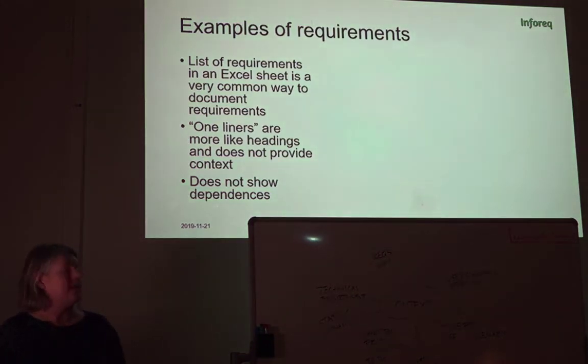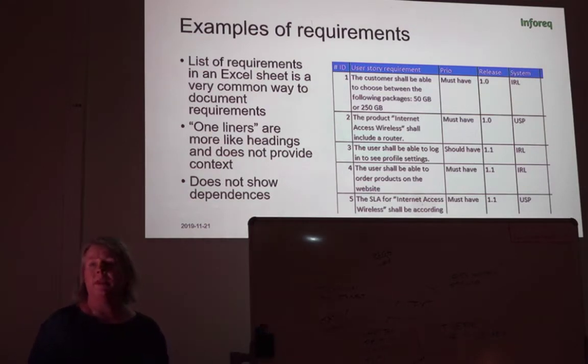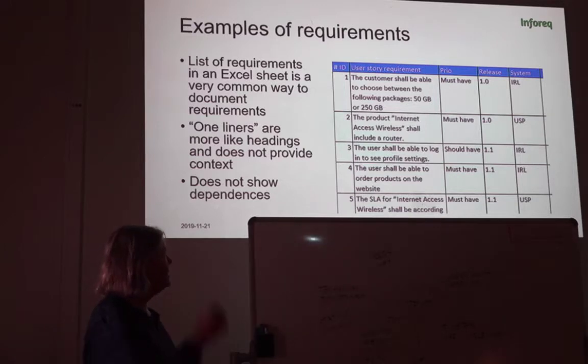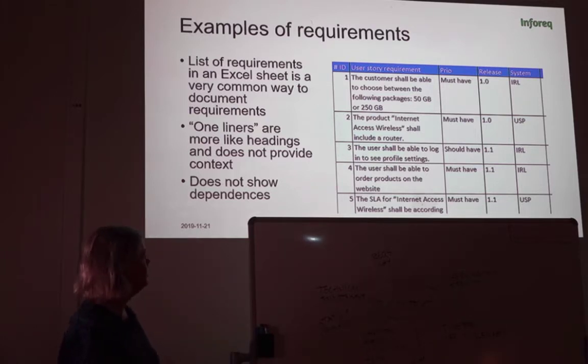I will show you something I'm not very fond of, and it's requirements like this. Very, very common. And they are mostly headings. Do they say enough? No, they don't, because you don't get the context.